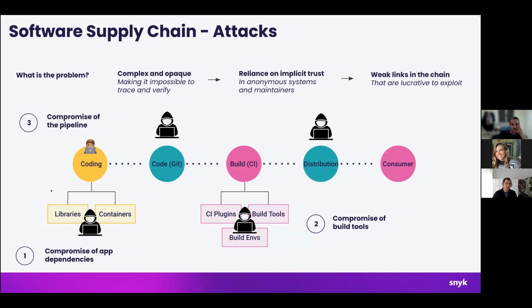CodeCov itself was a victim of a compromise of the pipeline, where the attack was in the distribution mechanism, their S3 bucket, which in turn made their customers victims of supply chain attacks through a compromise of their build tools. So this is a very good example showing exactly how these attacks transpire and the risks.